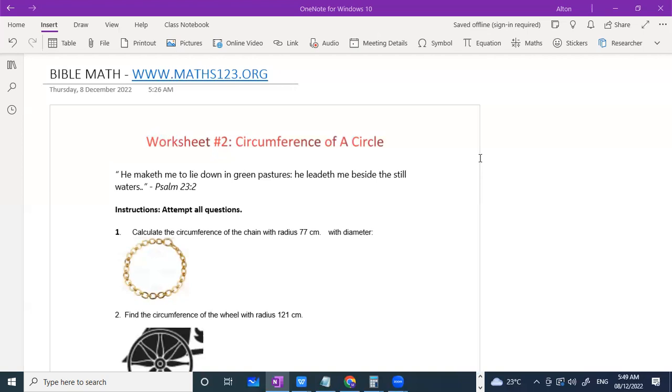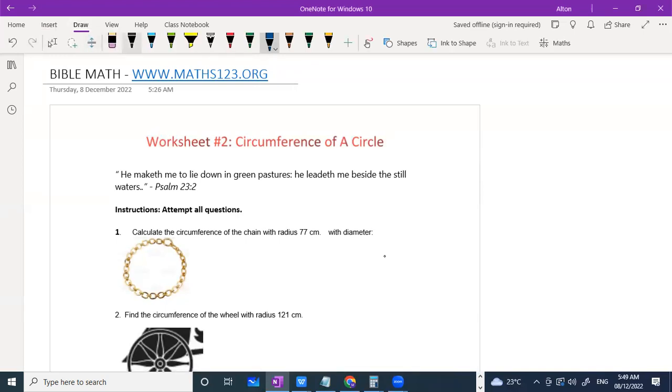So question number 1, calculate the circumference of the chain with radius 77 centimeters. And circumference is a very interesting topic.